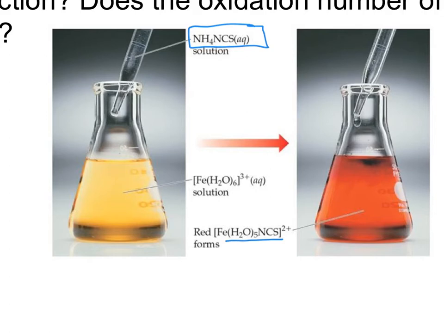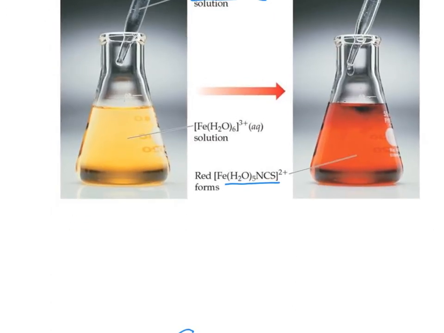Thiocyanate is an interesting ligand in itself. It could bond to the central metal atom either on the nitrogen side or the sulfur side. So this is another way of getting an isomer, but I'm jumping ahead. Let's go back to our iron complexes.